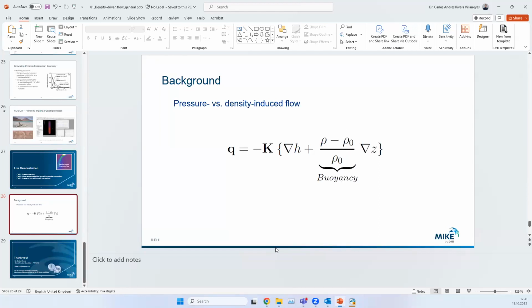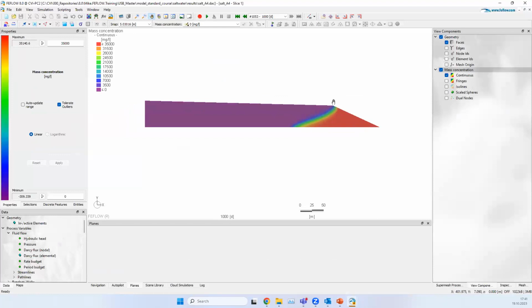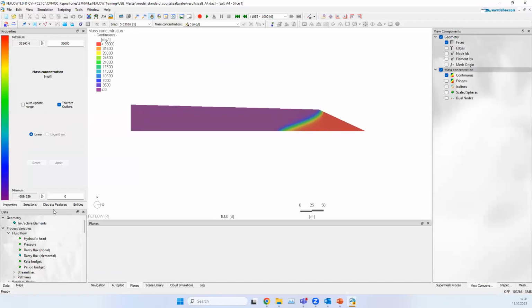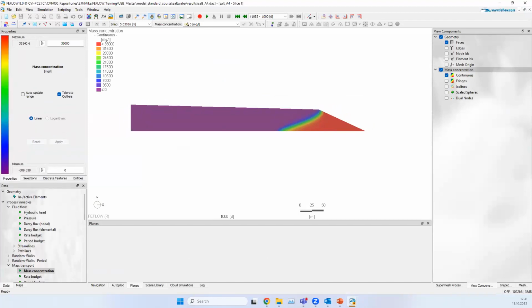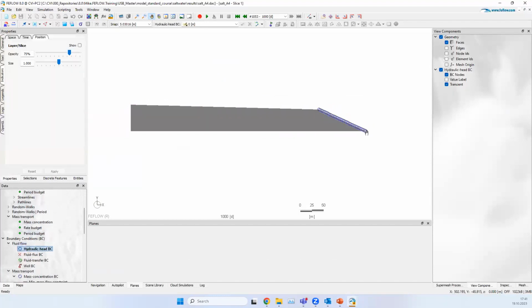Okay, and since there was a person asking a lot about seawater intrusion, I prepared another model, which is the one we use in our official FEFLOW standard training. It is a 2D model with a constant head of 0 corresponding to the seawater.